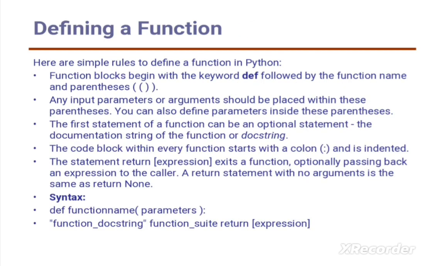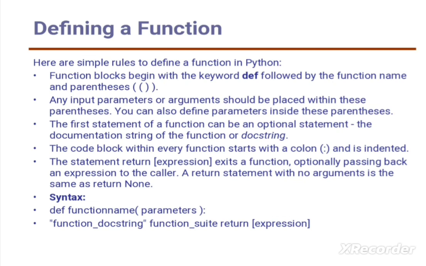Now we are going to see defining a function. What are the simple rules to define a function? In Python programming, a function block begins with the keyword def followed by the function name and parentheses.